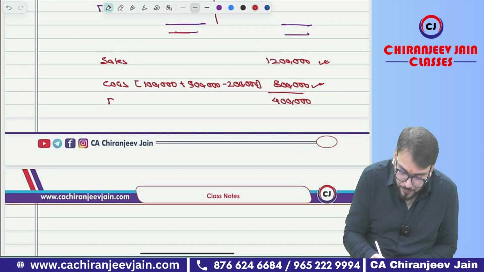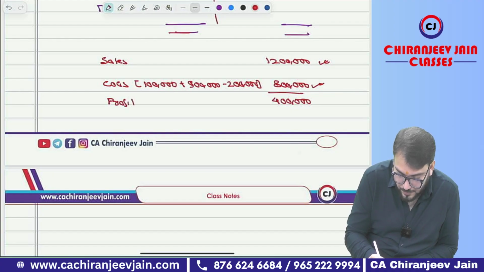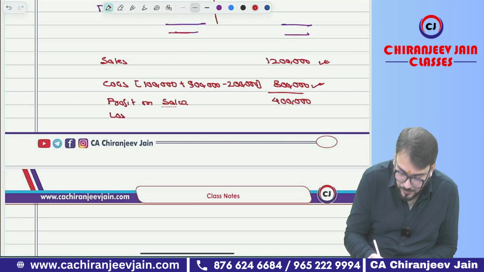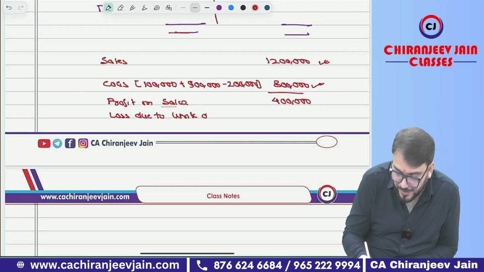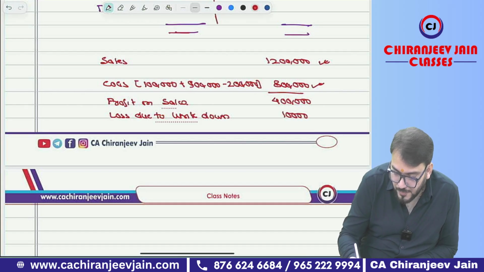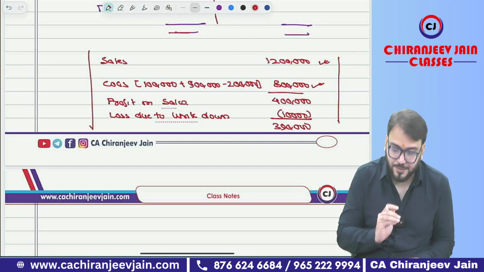This is the profit on sale. And what is the loss due to write down of inventory? That is 10,000. So ultimately your profit is 3,90,000. This is the actual happening.